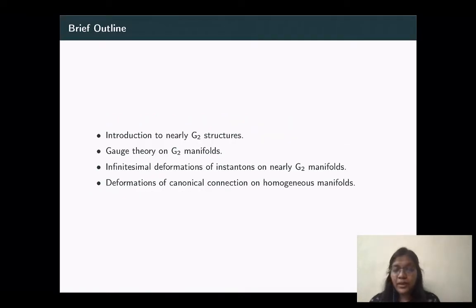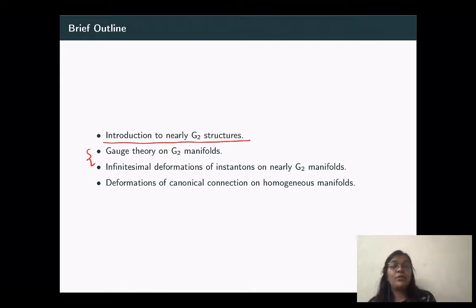In lecture 1 we covered the introduction to G2 structures, and I described two equivalent ways to define a G2 structure on a 7-dimensional manifold. Today we'll focus on gauge theory on G2 manifolds.